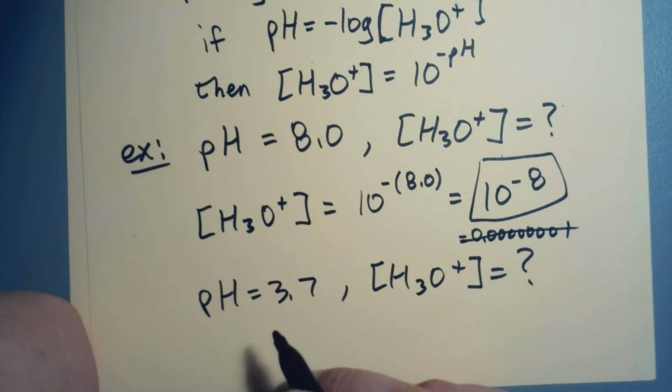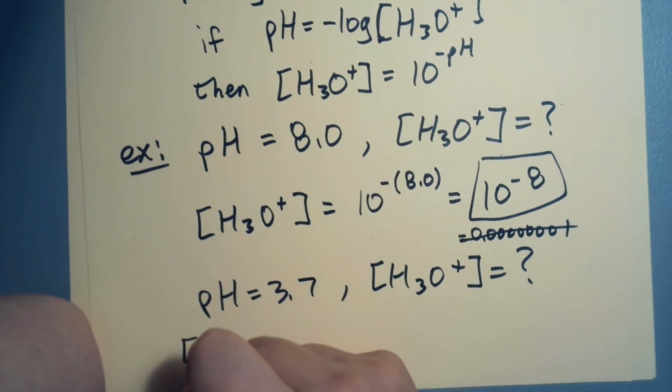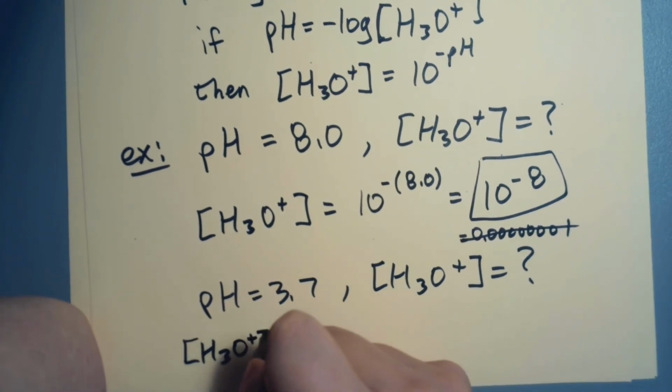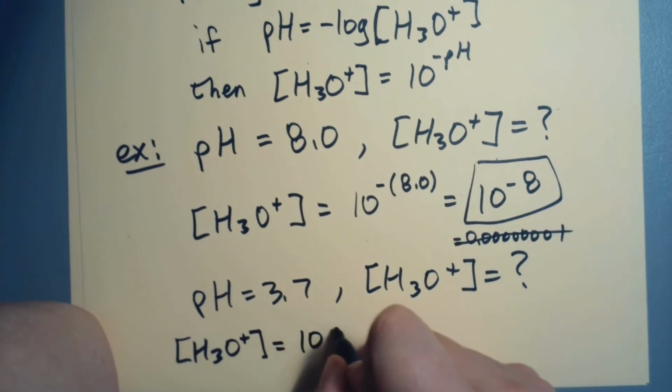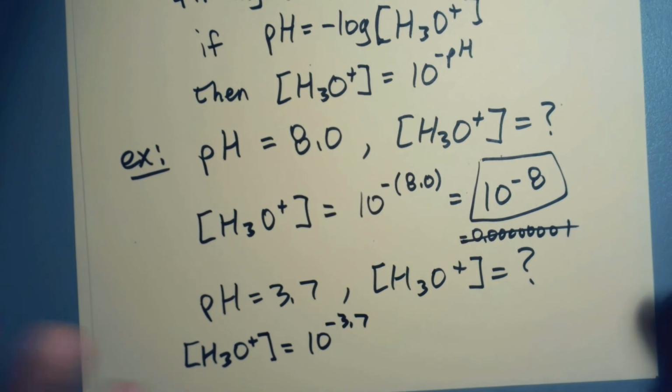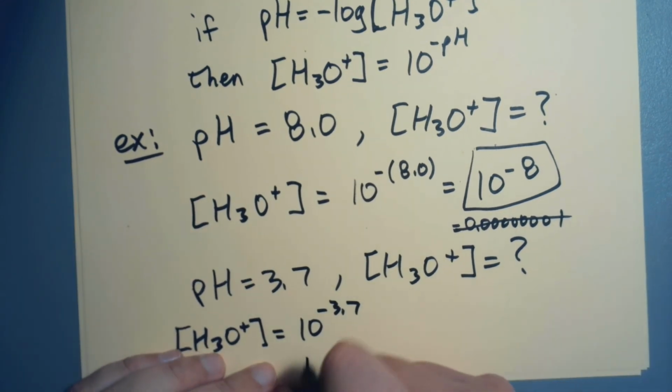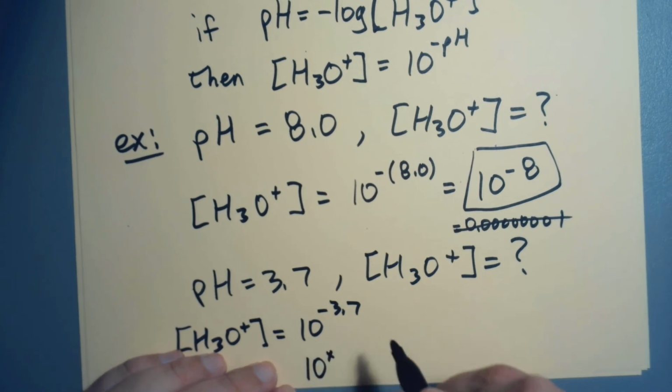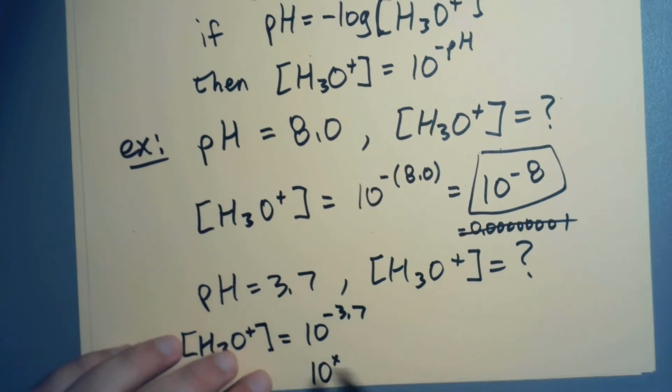Alright, so we'll just use our formula down here. This one, let's get a number. Okay, so you're going to punch it in your calculator. There should be a button that looks like that on your calculator.